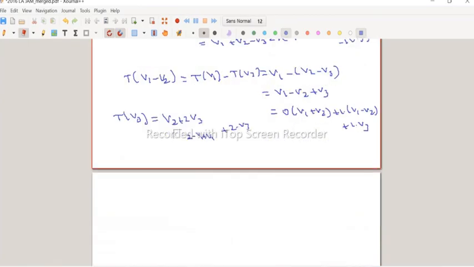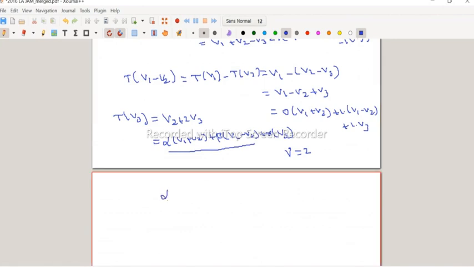That means this can be written as alpha times V1 plus V2, plus beta times V1 minus V2, plus gamma times V3. Directly we can say gamma equals 2. It's not an issue, so we only have to take these two.